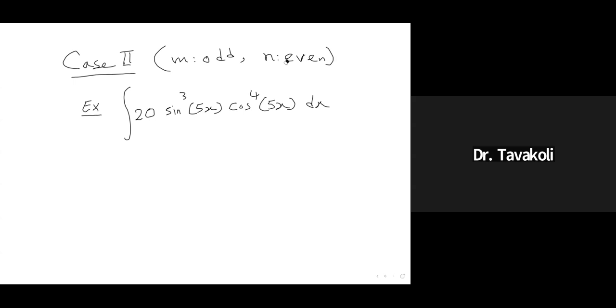So in this situation, in case 2, that power of sine is odd and power of cosine is even, we let u be cosine. And the angle here is 5x, so we let u be cosine of 5x.